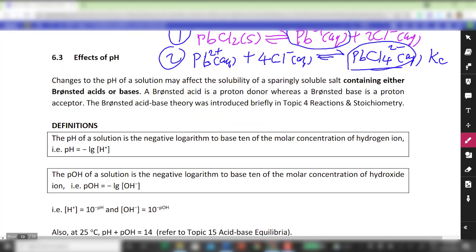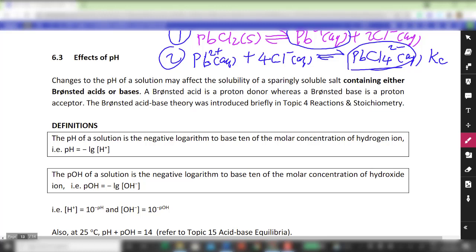The effect of pH is quite an interesting story. You will be more familiar when you deal with acid-base equilibrium, which is in our next topic, topic 14, I believe.